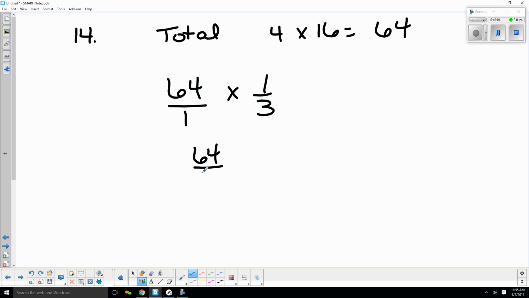So now I get 64/3 when I multiply my top and bottom. Now I'm going to get 21 1/3. So how many marbles could be purple? 21, because I can't have 1/3 of a marble. Okay? So 21 marbles is my answer.